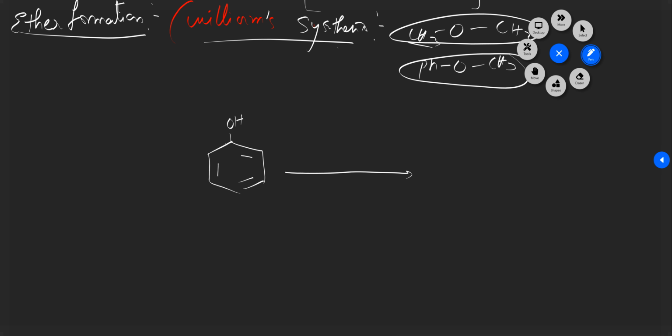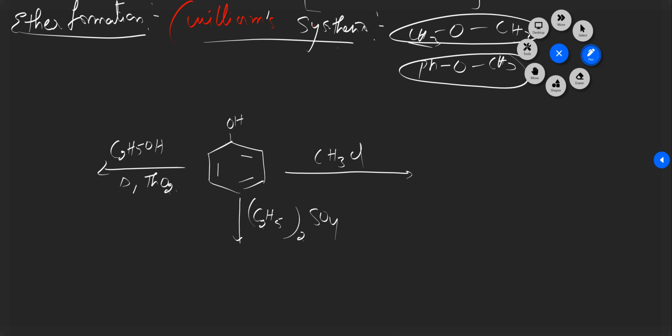I'm reacting with CH3Cl, and also with dialkyl sulfate, and also with alcohol in the presence of heating and thoria. In the presence of heating and thoria, the resultant product formed is ether. This is called Williamson's synthesis.